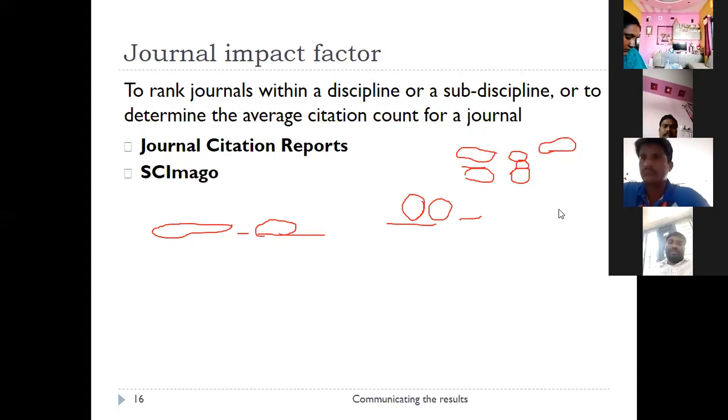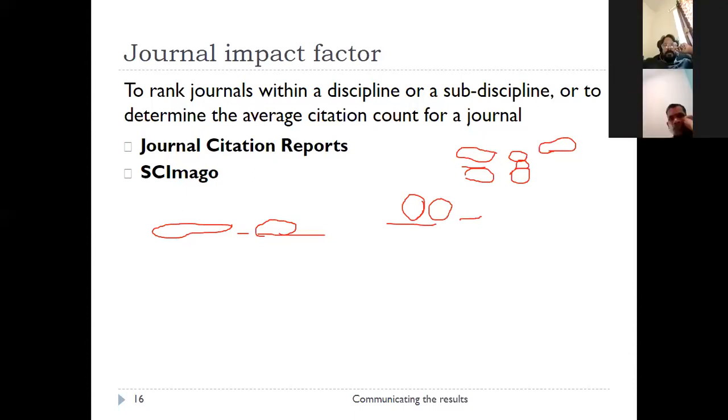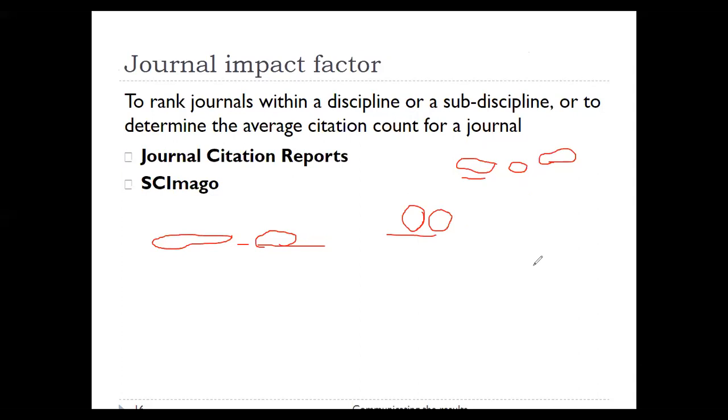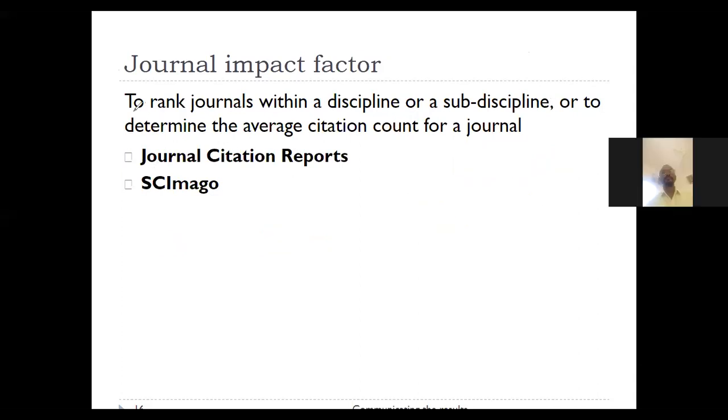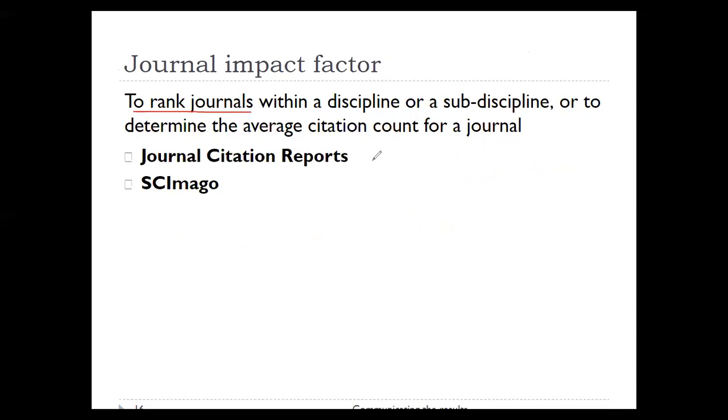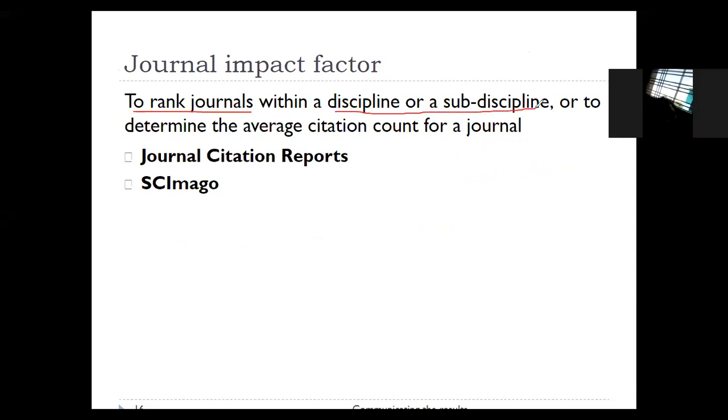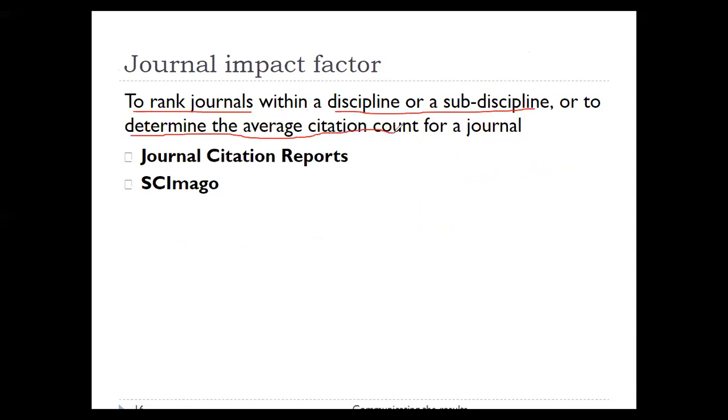Now, how to calculate and where to go for the journal impact factor, that we will see, and then we will see other things. The rank of the journal, similar to the ranking of the researcher, there is a ranking of a journal within a particular discipline or sub-discipline, and that is determined by the average citation count of the particular journal.